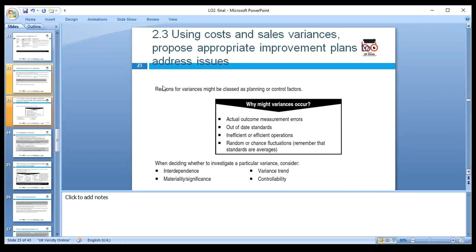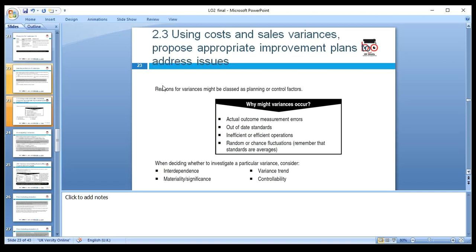Then next we have 2.3, using the cost and sales variance, propose an appropriate improvement plan. The reason for variance might be classed as planning and control factors: the actual outcome is a measurement error, the standard can be outdated, inefficient operations, random chance fluctuations. When deciding whether to investigate a particular variance, consider interdependence. Material and labor are interdependent.